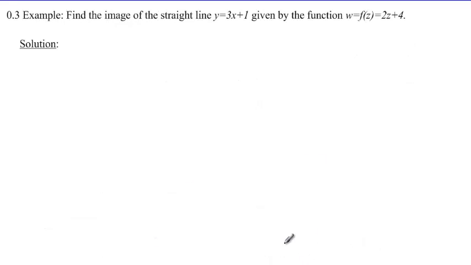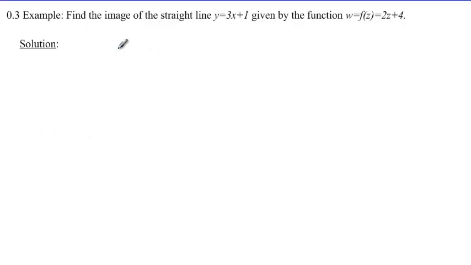Let's say we're given a function omega, which is 2z plus 4, and we've got our region, which in this case we're going to take as a line, y equals 3x plus 1, and then we want to see that by mapping this line via this function, what kind of image do we get? So let's start this way.